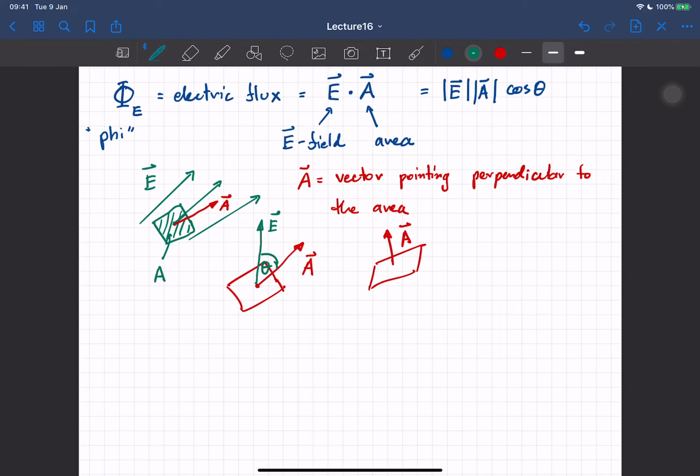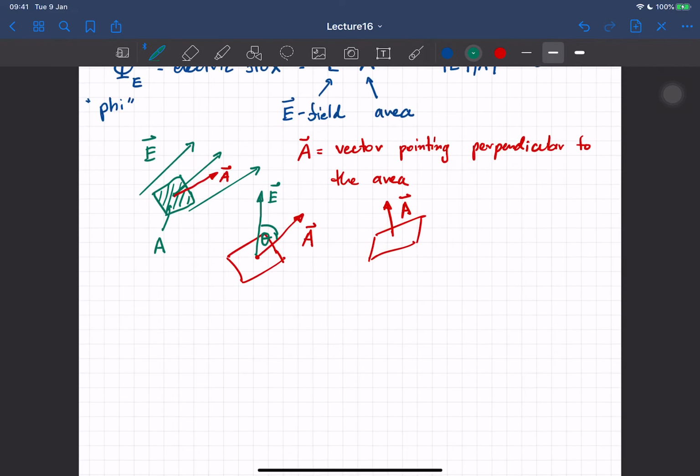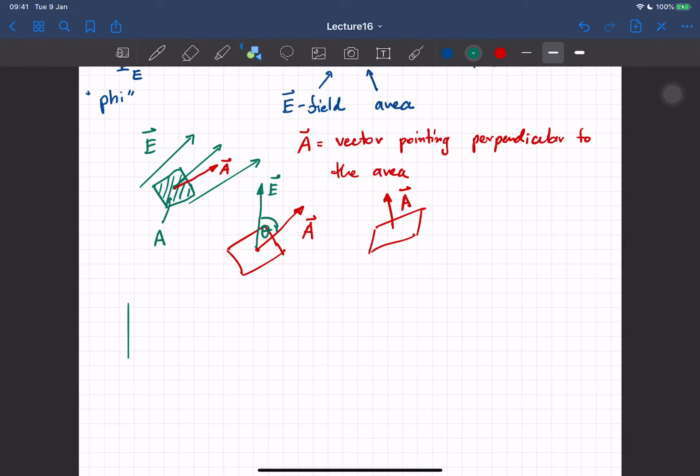Okay, so there will be the case where electric flux is zero. For example, if you have electric field pointing up, up, up, up like this, and you take a piece of paper which is in this orientation, so the area vector is pointing sideways like this. So just take a piece of paper and put it vertically.